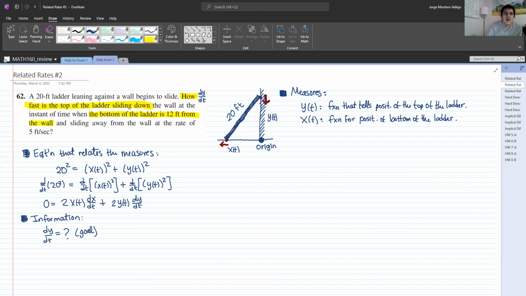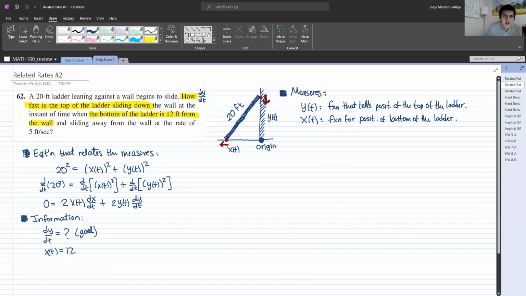The bottom of the ladder being exactly 12 feet away from the wall is a value for x of t, right? Because x of t tells us the distance between the bottom and the wall. So x of t is 12 at that instant of time that we are looking at.